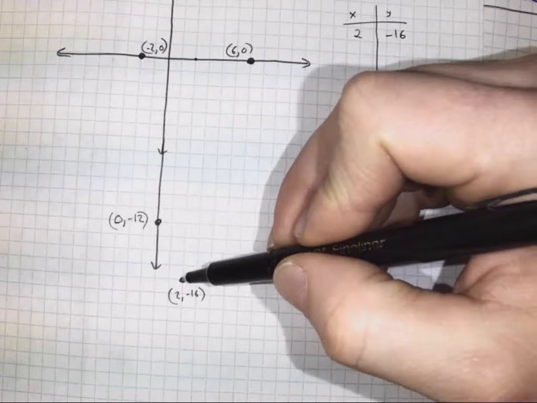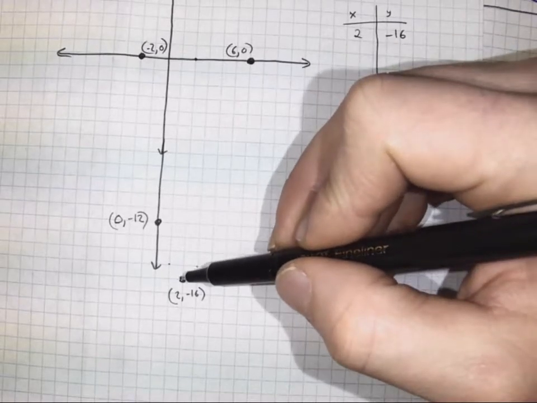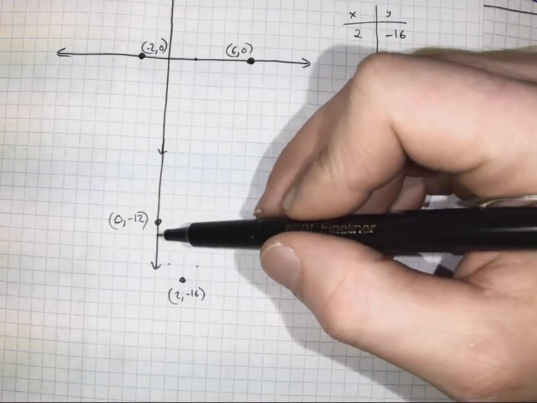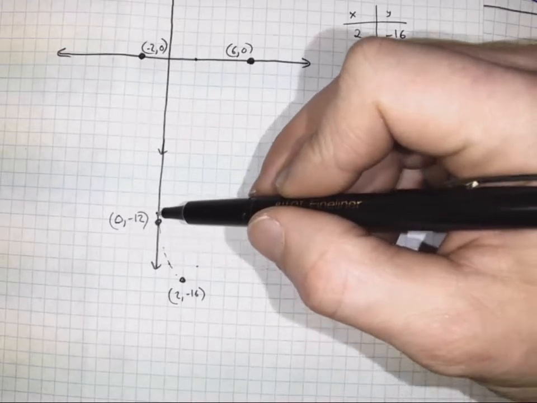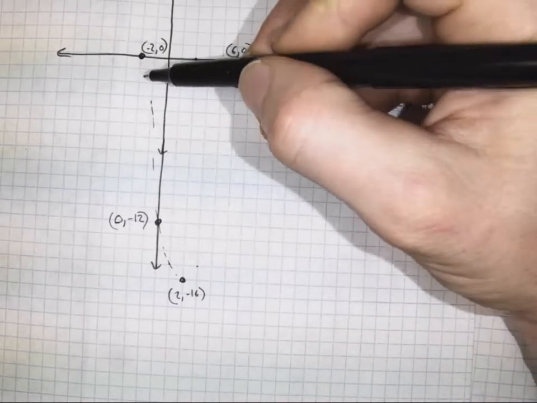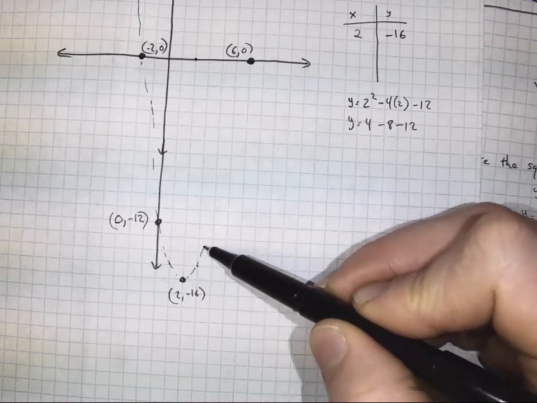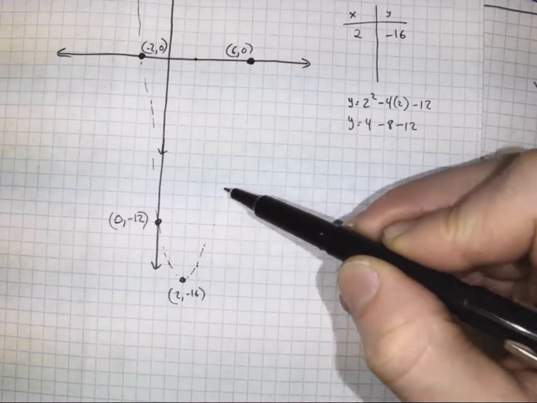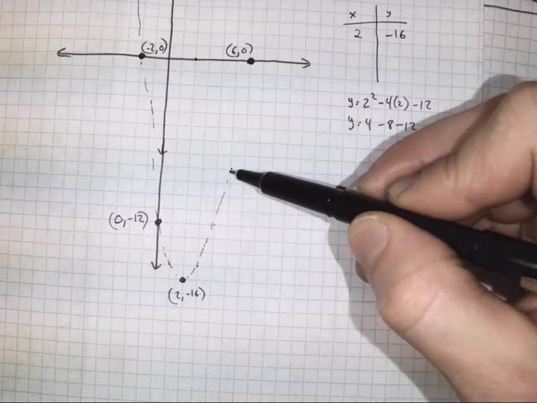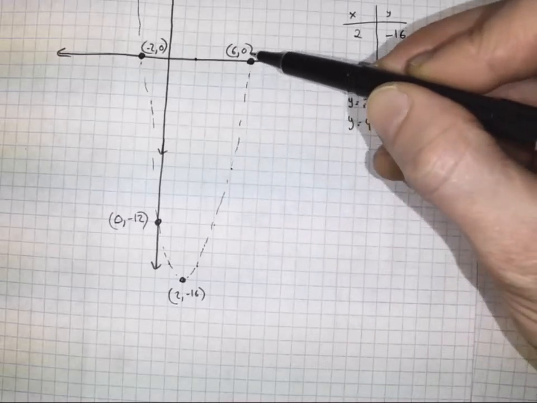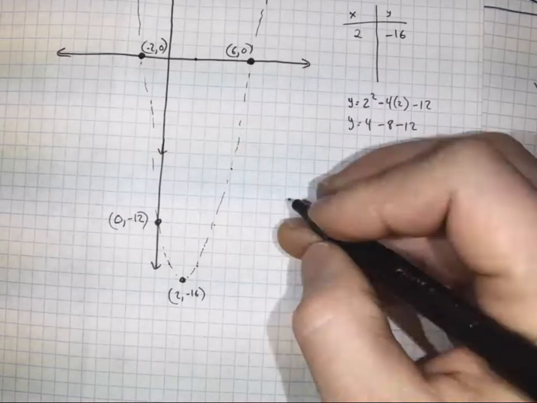All right, and that might ring a bell for you. And parabolas go over 1 and up 1, over 2 and up 4. All right, and we see something like that. I'm just drawing dotted lines right now, because we still have to do our step 2.